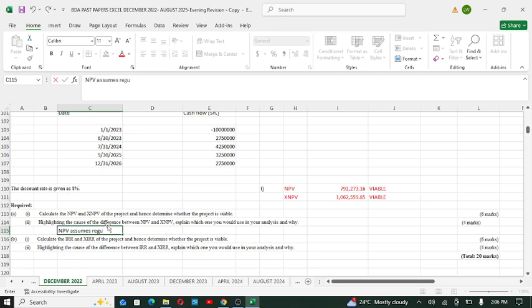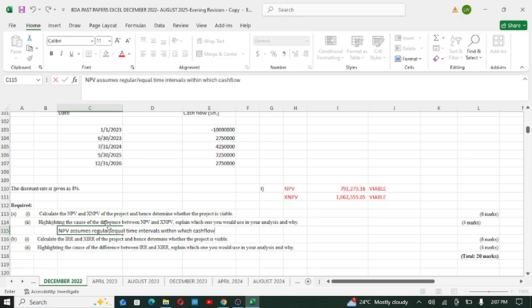So we can just say that NPV assumes regular, equal time intervals within which cash flows are generated.